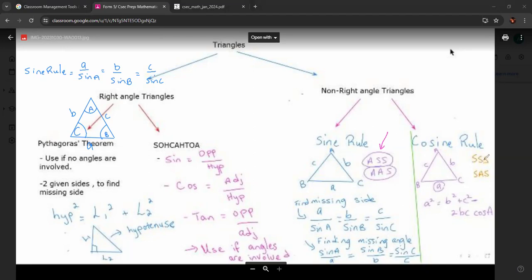For cosine rule, we use it if you're given all three sides or a side with an angle in between another side. So if they give you the value of one side, an angle, and another side, they use the cosine rule. But I want to try the sine rule first so that you'll see how we use it.